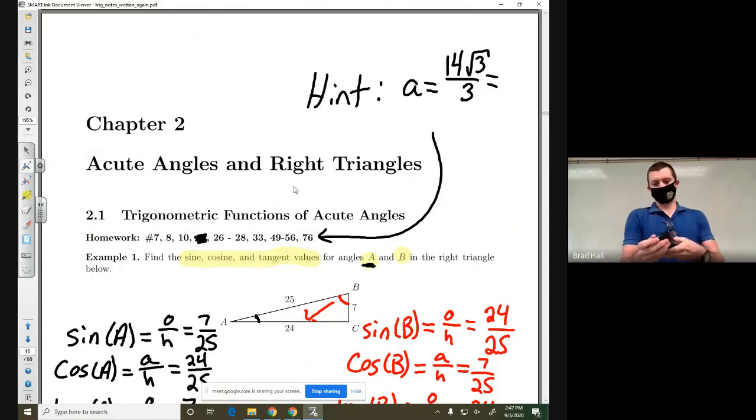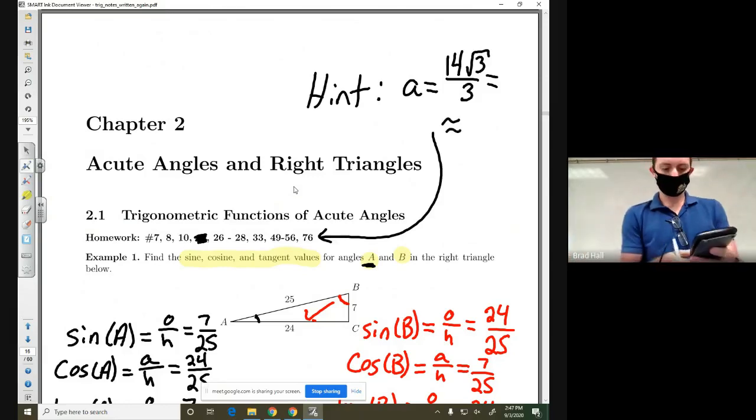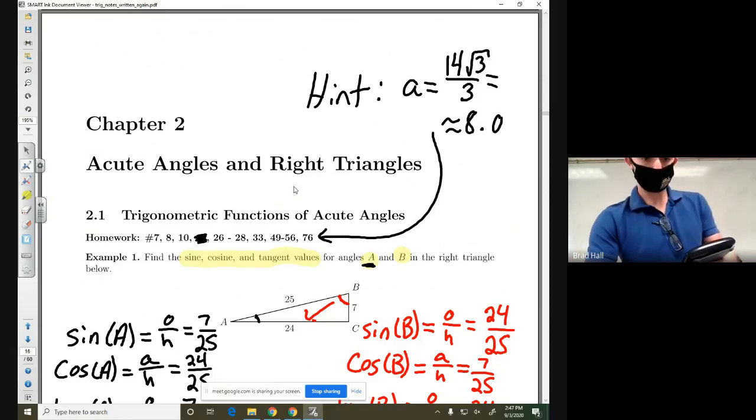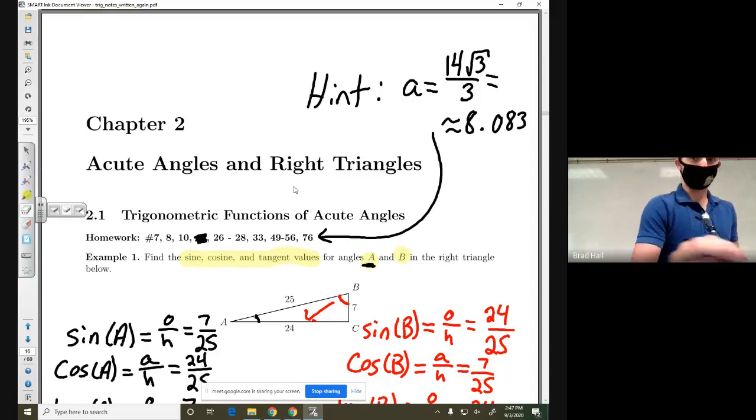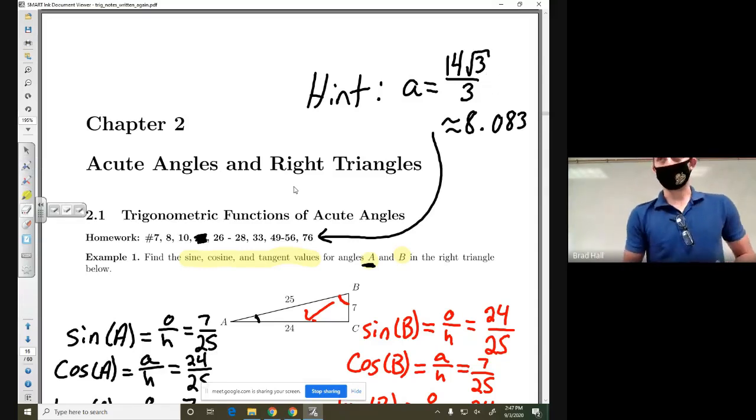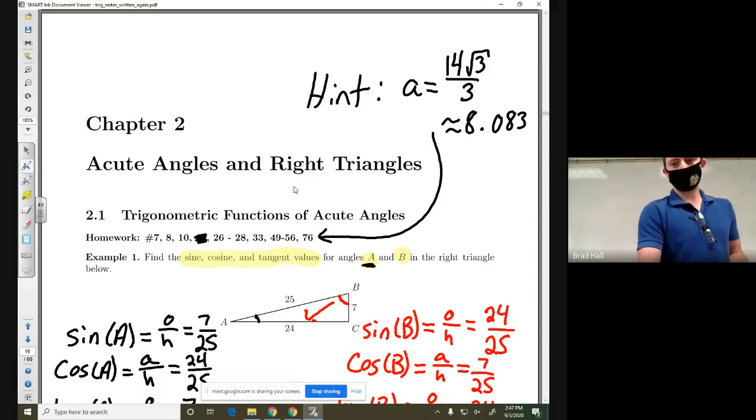Actually, I'll do this. Got one even better. So whatever answer you get, if you plug that in the calculator and get something like this, you're on the right track.